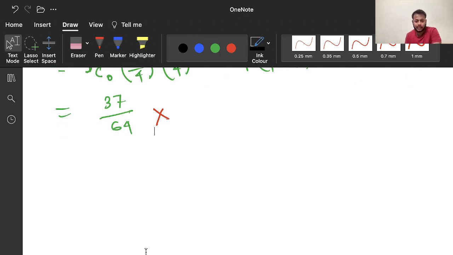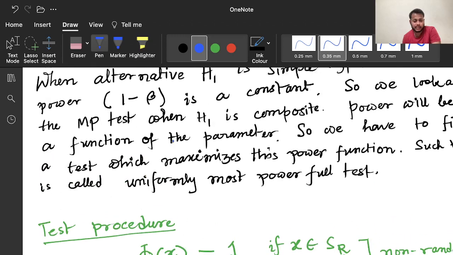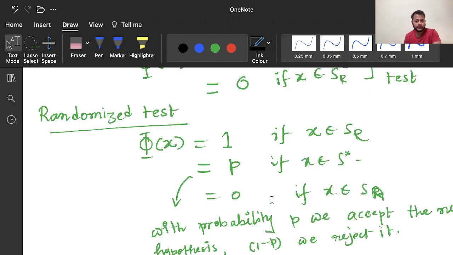As we introduced the concept of the most powerful test, one may ask: what guarantees that a most powerful test exists, and what is the way to find the most powerful test?